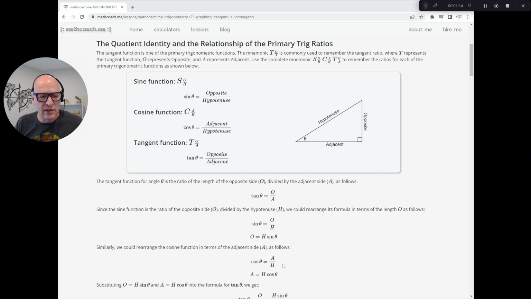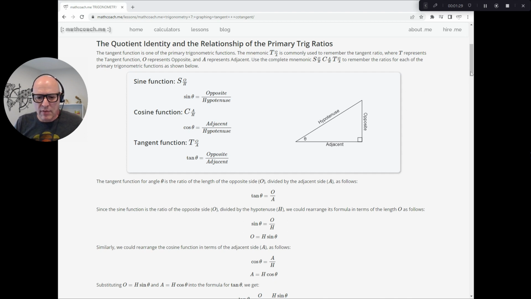Similarly, with cosine theta, which is the length of the adjacent side over the hypotenuse, that can be restated so that the adjacent side, A, is equal to the length of the hypotenuse, H, times cos of theta.